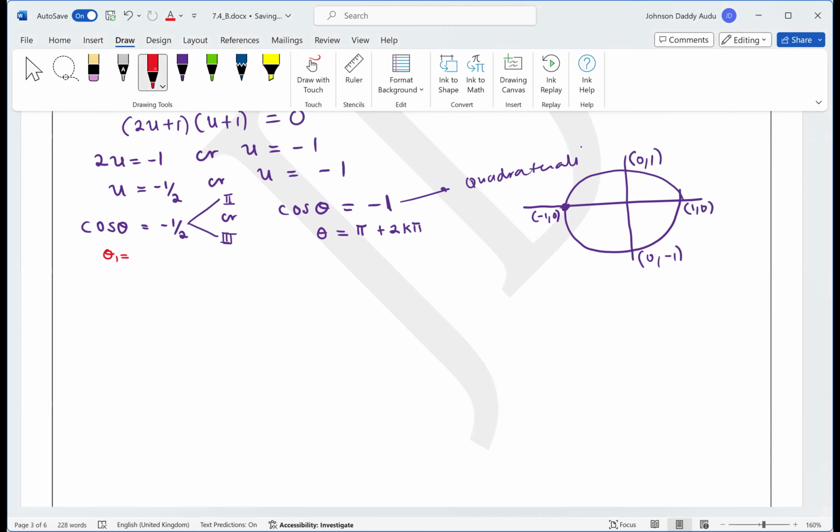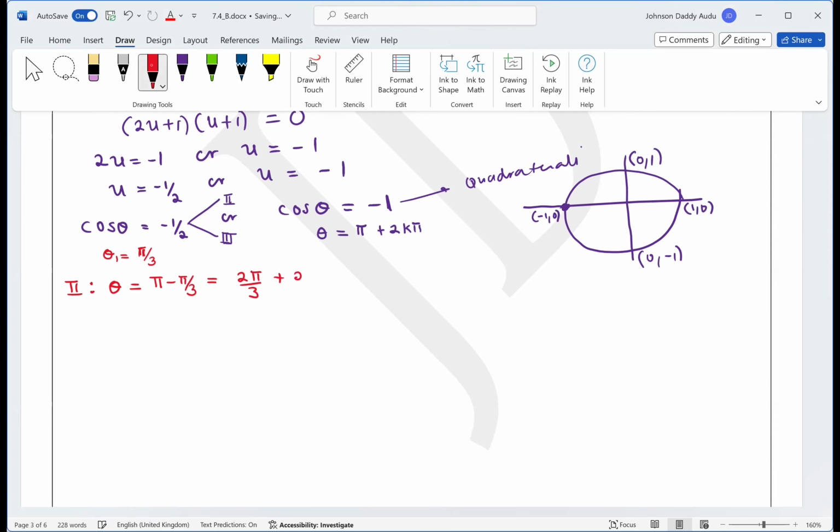And that is nothing but pi over 3, because pi over 3 is 60 degrees, and cosine 60 is half. But now if we are in the second quadrant, how do we get our theta in standard form? Because that is what we are interested in, not the reference, right? So in this case, our theta is going to be pi minus pi over 3, which is nothing but 2 pi over 3.